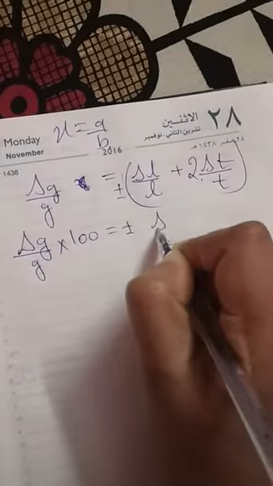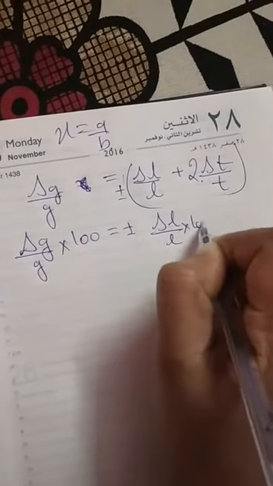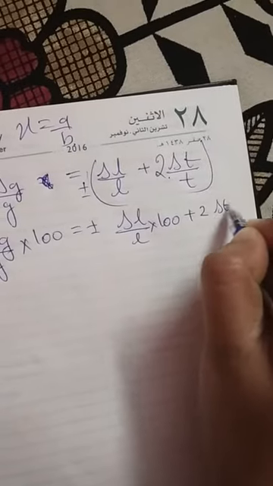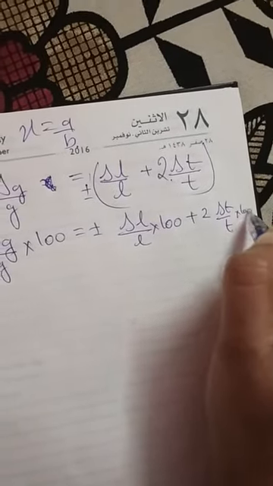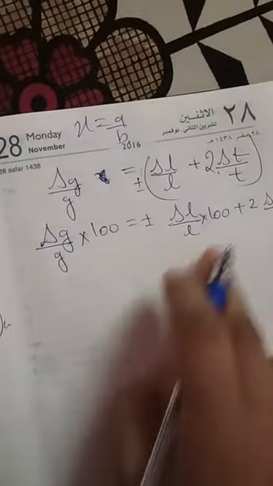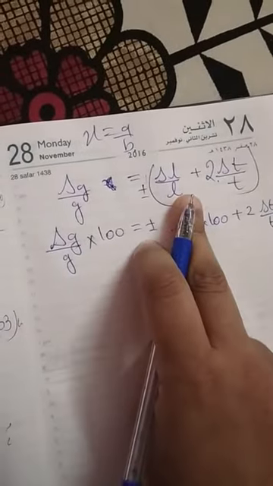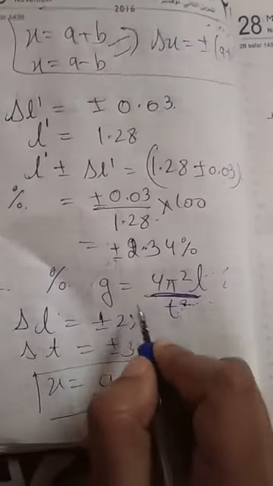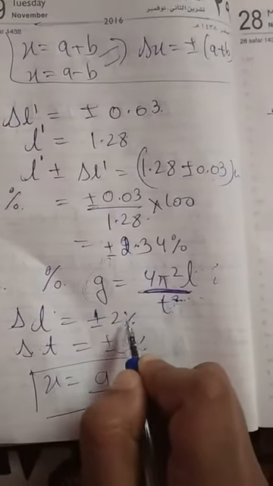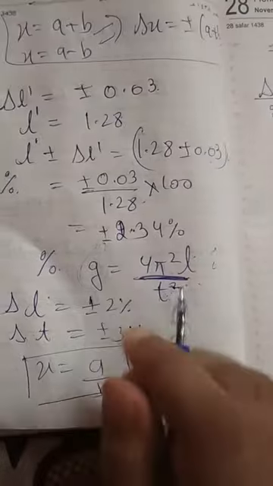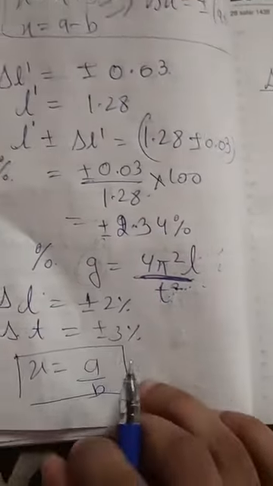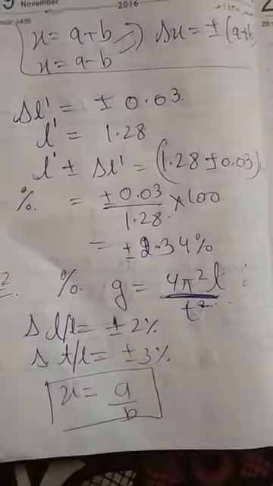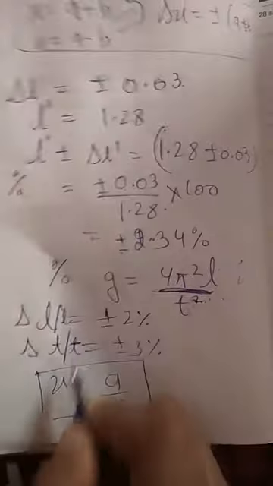Plus minus delta L over L into 100 plus 2 delta T over T into 100. This will change it into percentage, correct? In the question they have given that L and T are measured with 2% and 3% errors, so this is delta L over L and this is delta T over T, correct?